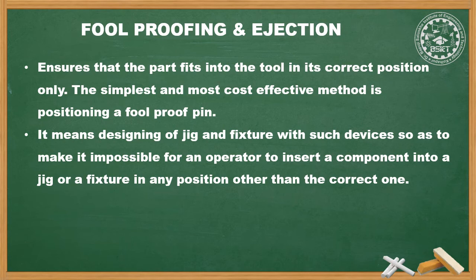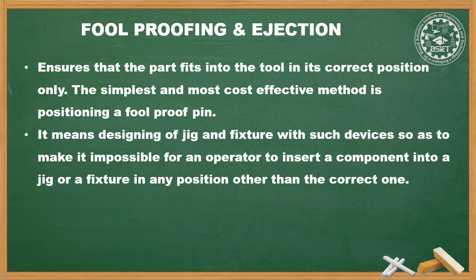There can be a number of ways in which an operator can insert a workpiece into a jig and fixture, which could cause problems. To remove that error, we have come up with foolproofing and ejection, where the operator can insert the workpiece into one position, and that position is the same for all of the workpieces.